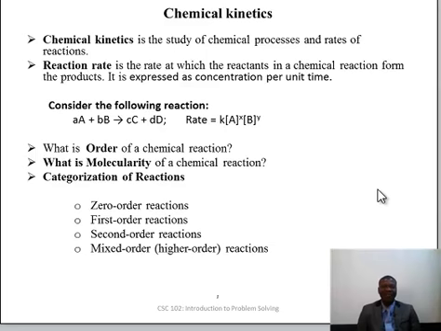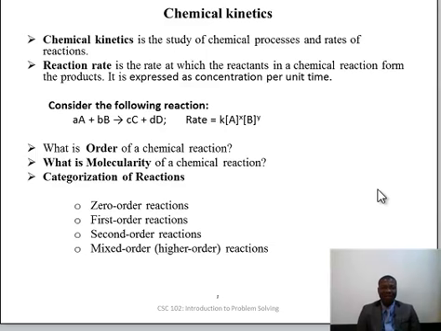Now consider the following reaction: aA + bB going to cC + dD, where small letter a, small letter b, small letter c, and small letter d are the coefficients of the reactants and products in a balanced equation.